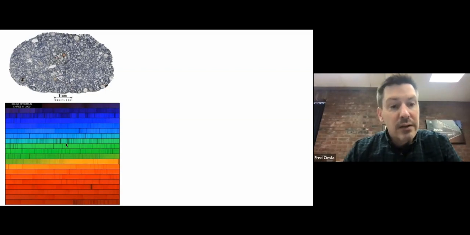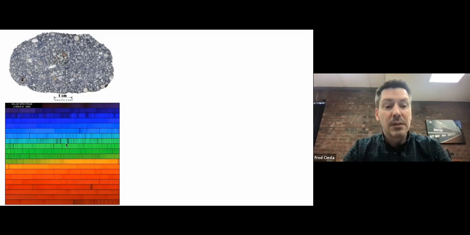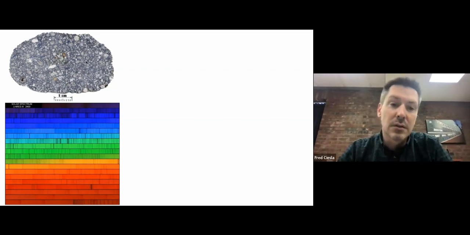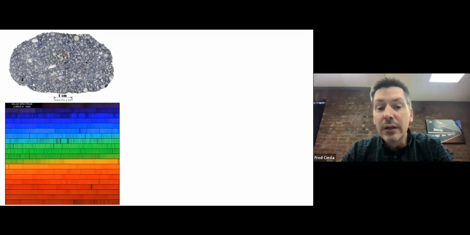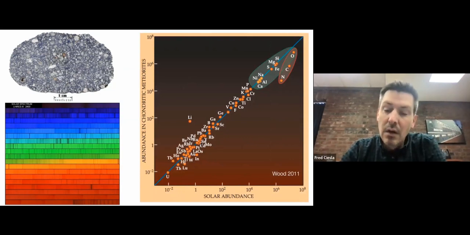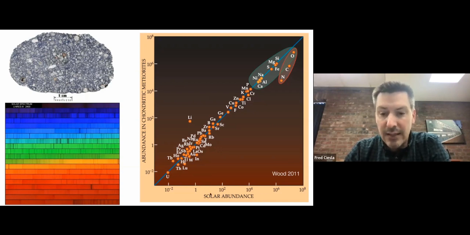What's important here is that it allows us to make a comparison between the composition of what's in the sun and the composition of the things that went into forming the solid objects in our solar system, the solid building blocks for planets, and understand their relationship. That's done in this plot here, which is basically showing you the abundances of all the elements in the periodic table for the most part, in terms of their abundance in the sun, which is on the x-axis here.